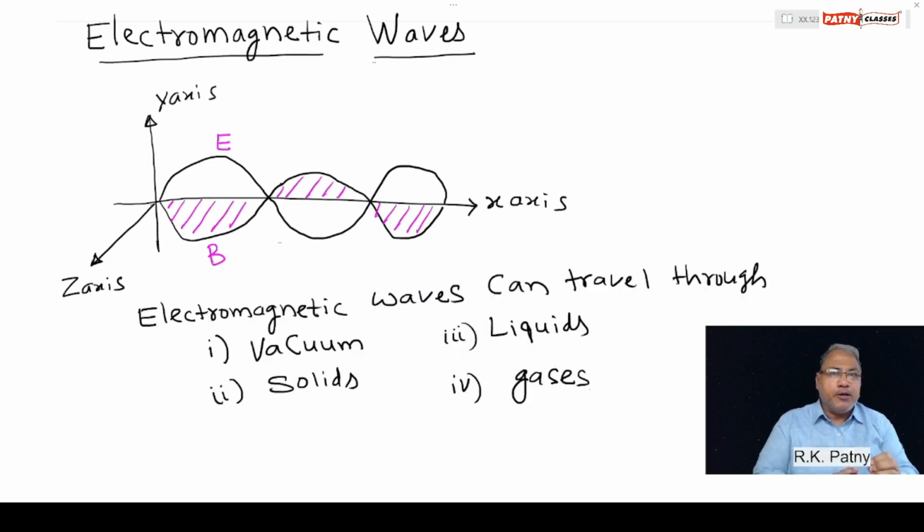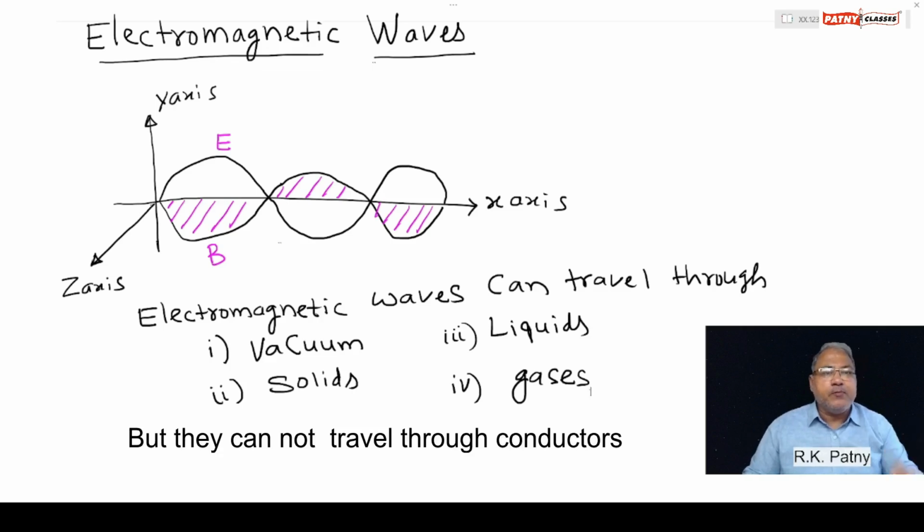One more important point about electromagnetic waves. The electromagnetic waves can travel from anywhere. They can travel through vacuum, they can travel through liquids, they can travel through solids, they can travel through gases. So electromagnetic waves can travel everywhere.